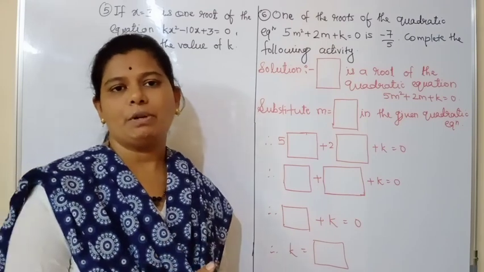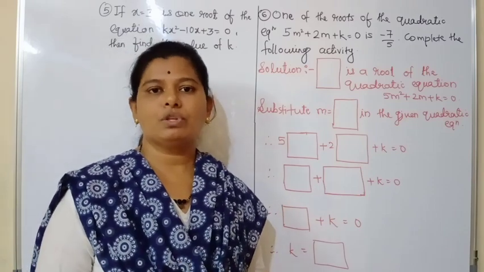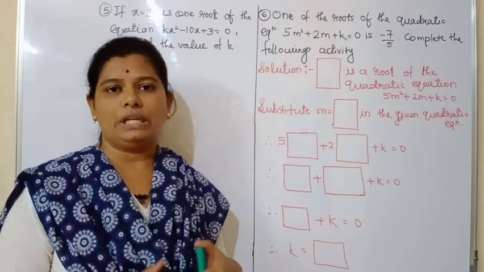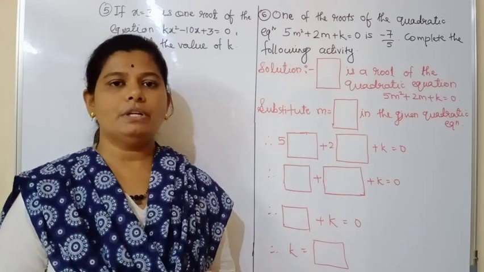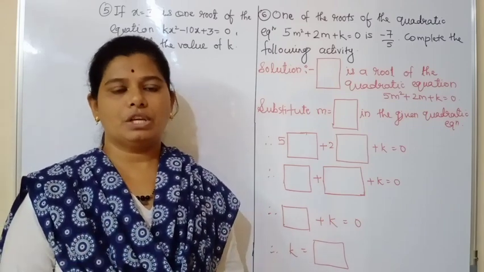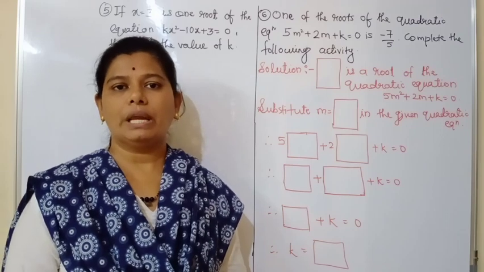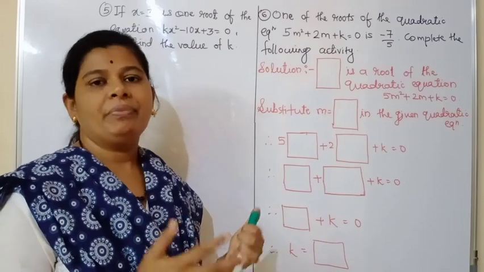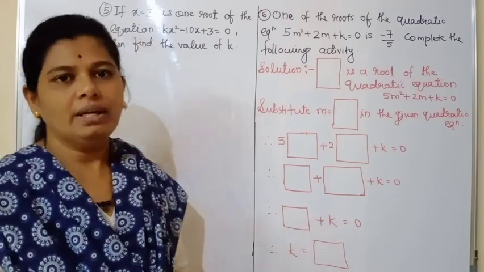In the previous example we have seen that if we get the value 0, it means that it is a root. So in the same way, x equal to 3 is such a value that after substituting it you will get 0.